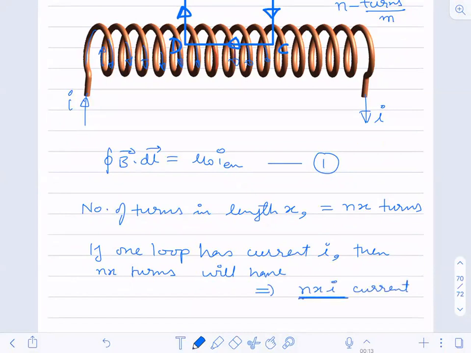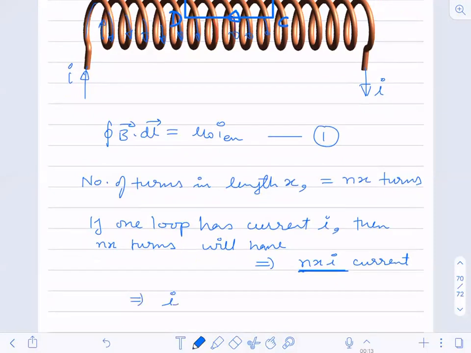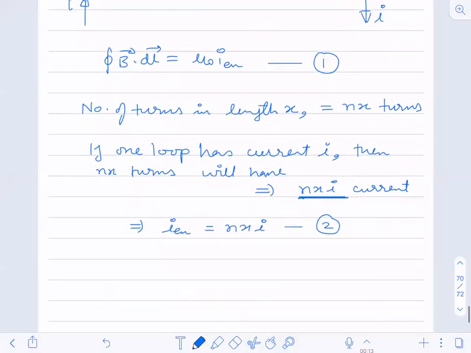So this is the total amount of current enclosed by that loop. This implies I enclosed is nothing but nxI. If you have understood this point, everything is clear now. We can solve it.